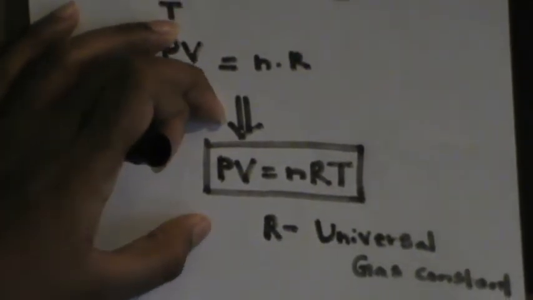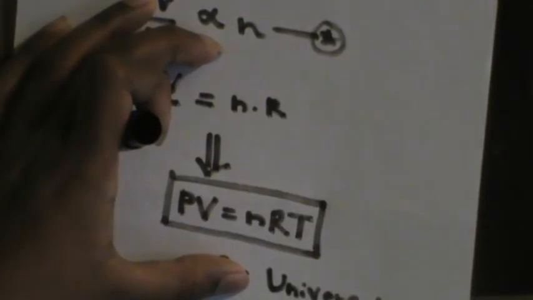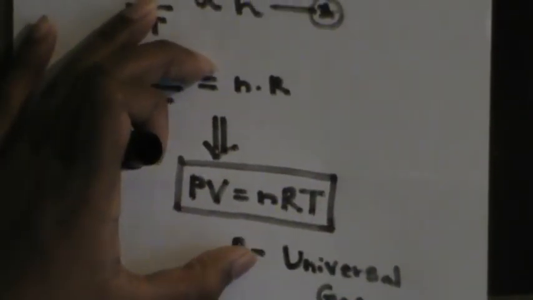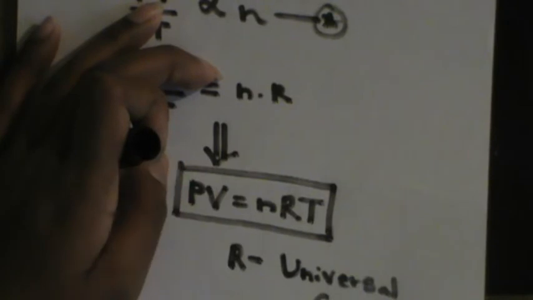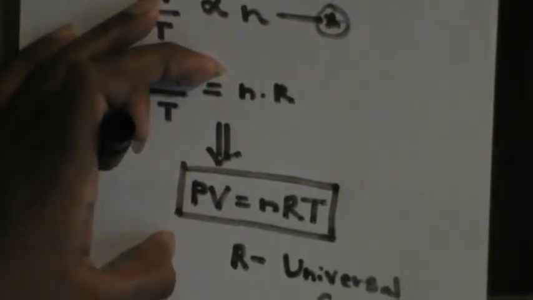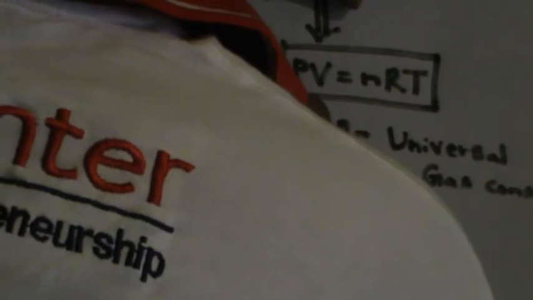If you do practicals in a lab, you will notice that for real gases you can't strictly apply Boyle's law, Charles' law or the ideal gas law. These are used for ideal gases, so this is popularly called the ideal gas law.